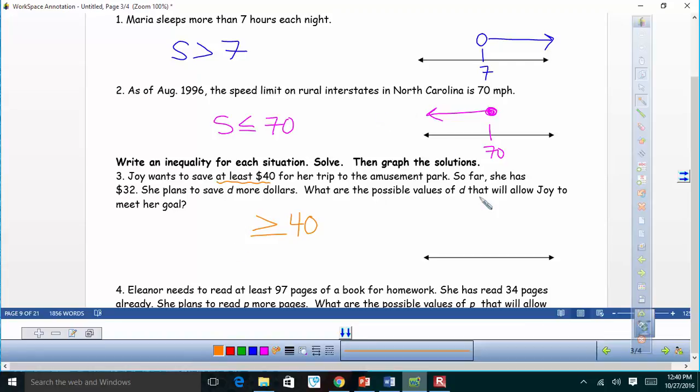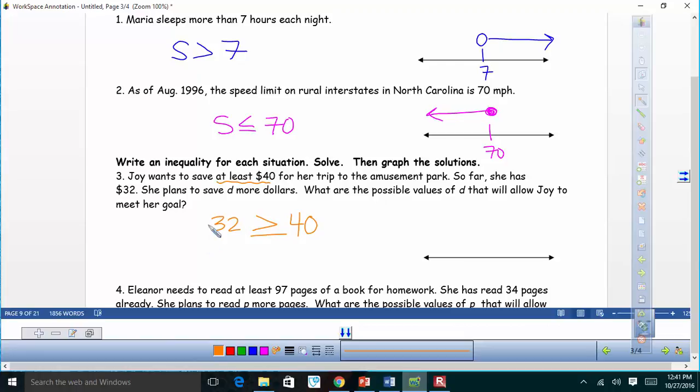Okay, so then it says, so far she has $32. She plans to save D more dollars. What are the possible values of D? So she has 32 right now, and she's going to save D more. So would I add those together, subtract them, multiply, or divide? Add.